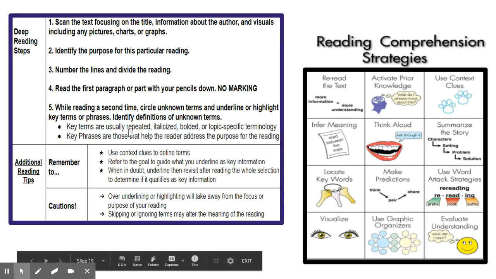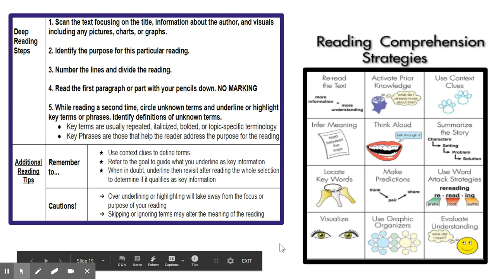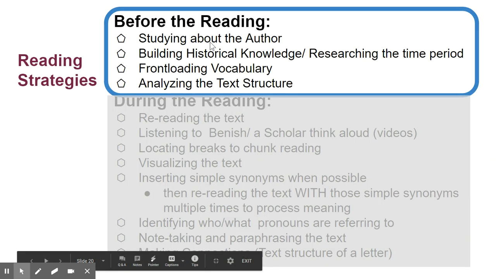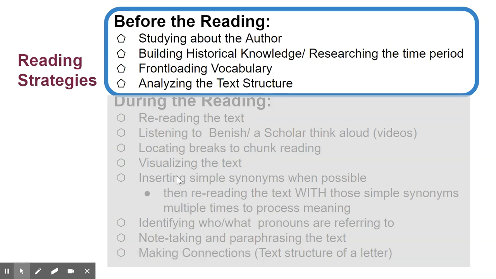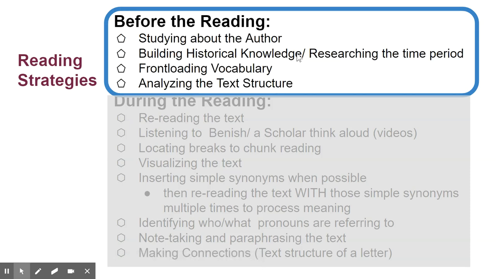These are some of the strategies or images you might have been used to seeing at Washington. These are all different reading strategies that help students understand text. This is the list we are going to navigate while we study the Declaration of Independence. We've studied the author, we've done some background research, we front-loaded vocabulary, and now we're going to jump right into analyzing the text structure.